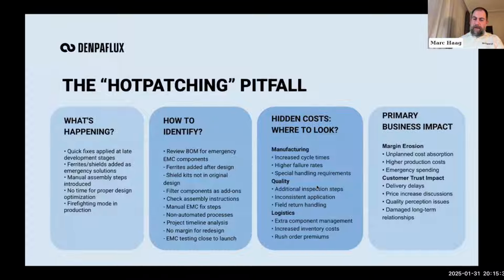Where to look? Absolutely, the BOM is a starting point, but it drills further down. It drills into the manufacturing, as we were talking about, increased cycle times. Just to give you an idea, putting on a foil is not that easy.